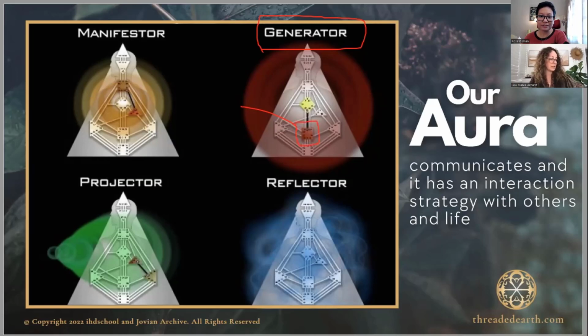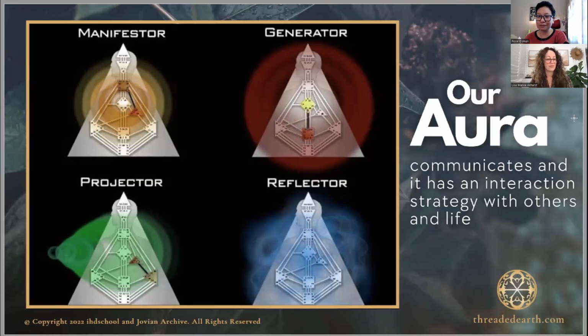So it's simple in that way, but it's not easy for you to grasp until you experiment with it yourself. You see it for yourself, right? And so that's generator, open and enveloping aura.